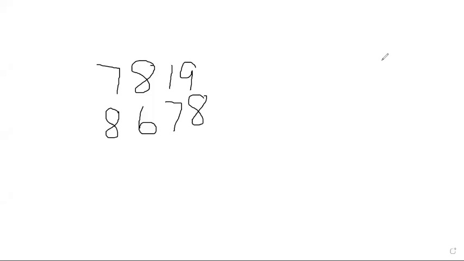All right, so let's do another one. So now I'm comparing 7,819 and 8,678. So I'm saying how many times greater is the 7 in my first number than the 7 in my second number?